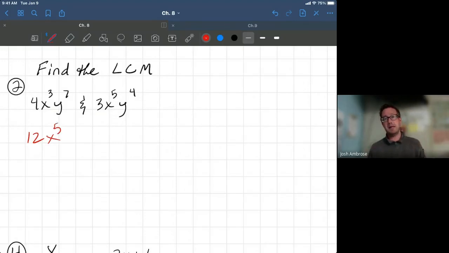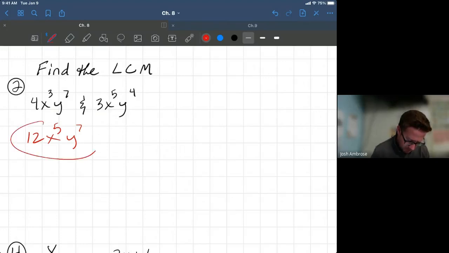So the LCM for x to the 3rd and x to the 5th is the bigger number. Use x to the 5th. So using that logic, if you have y to the power of 7 and y to the power of 4, what's the bigger exponent? We're going to use y to the power of 7. Okay, so that covers our least common multiples for number 2.